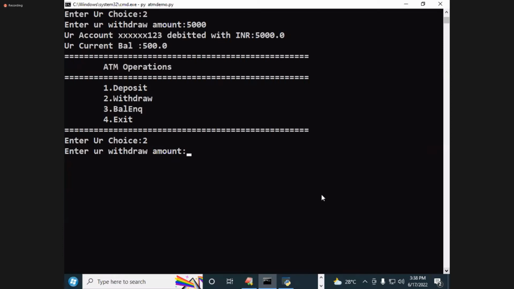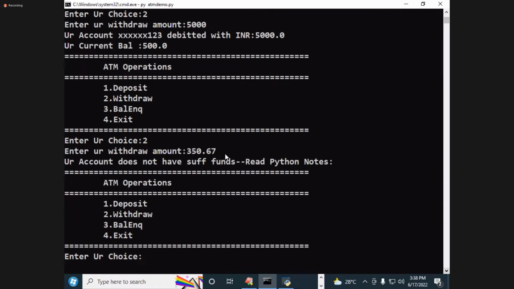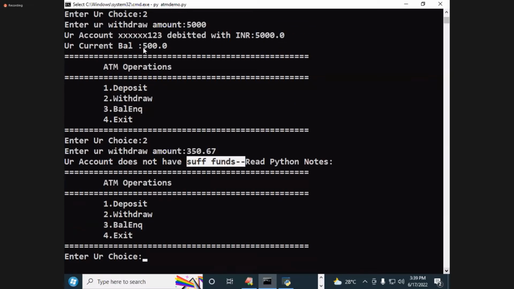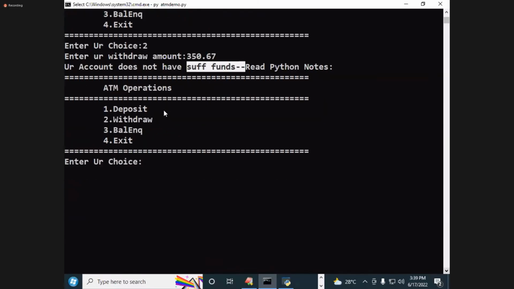I'm going to deposit 350.67. No problem. Enter your withdraw amount. Your account does not have sufficient funds. Why? You have only 500 rupees. So you enter 350.67.